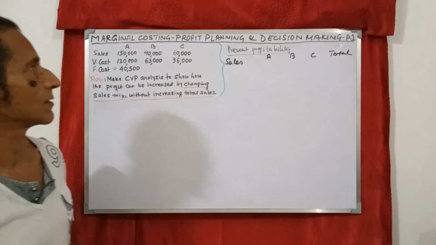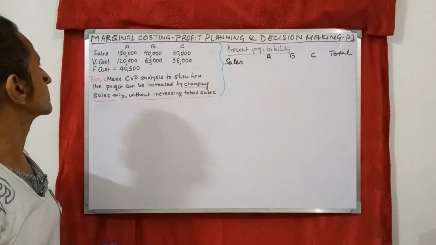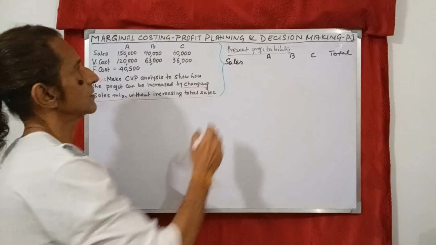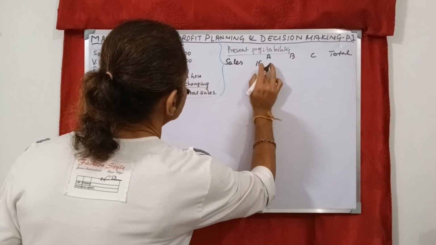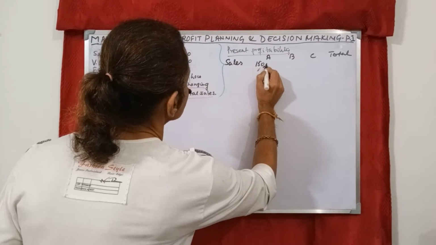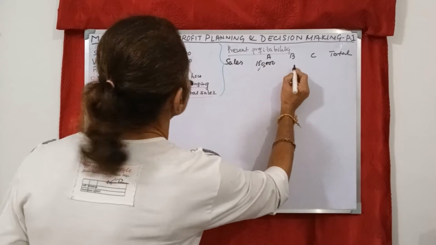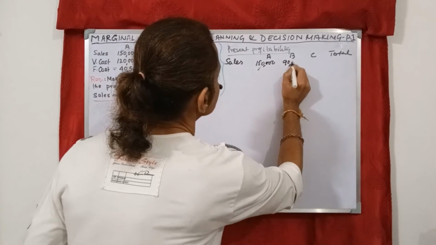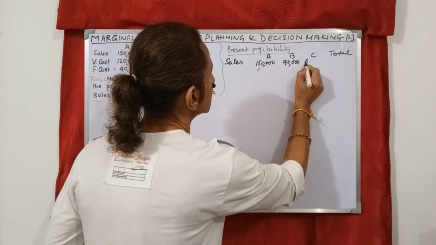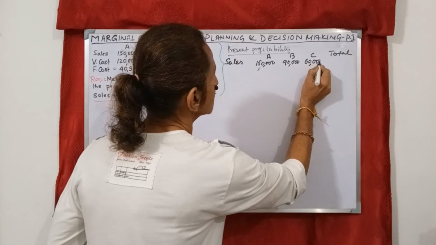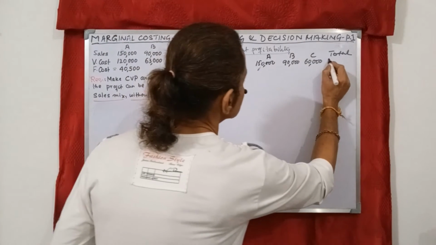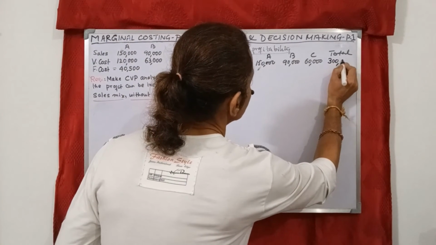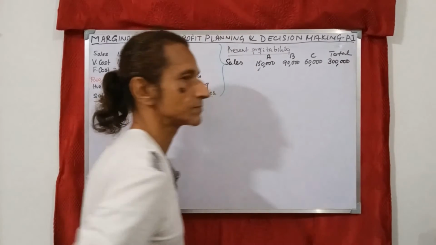Correct? What are the sales figures? 150,000, 90,000 and 60,000. So the total sales is 300,000.